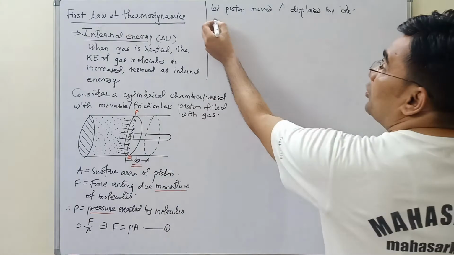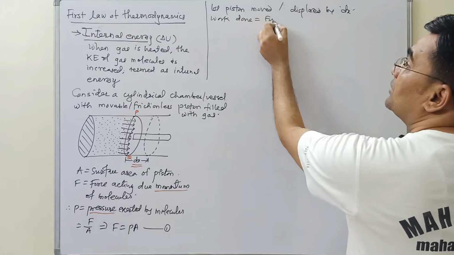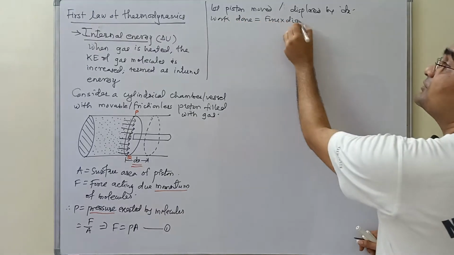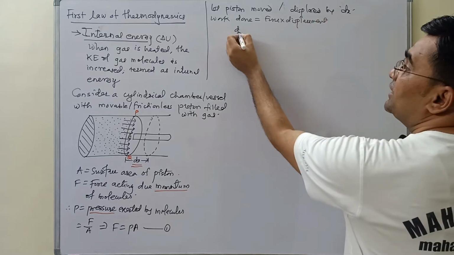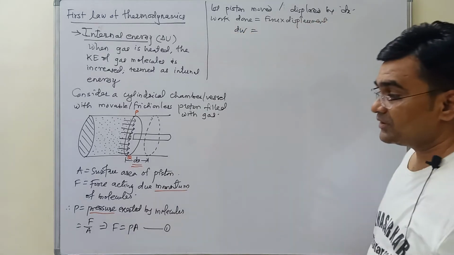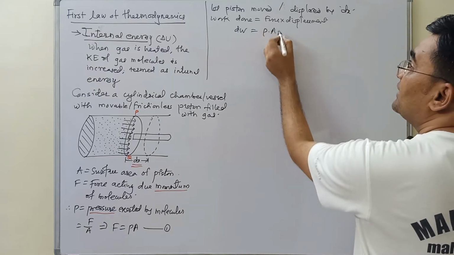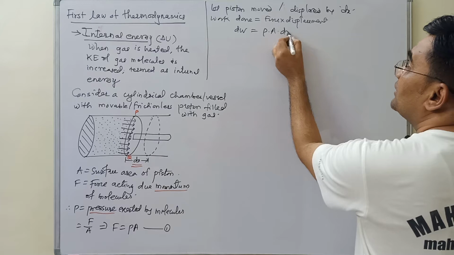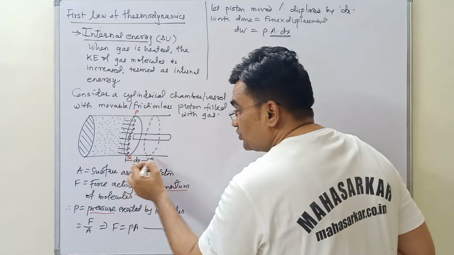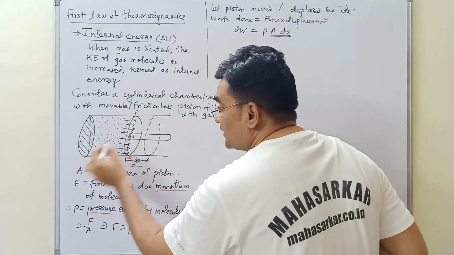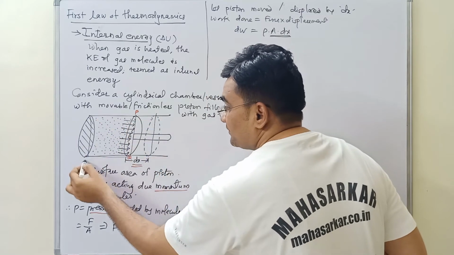Then what we will say? Work done is equal to force into displacement. This we are familiar with. So dW equals force, which is P into A, into dx. But as you can see, area into this distance means the volume increases from this one to this one.